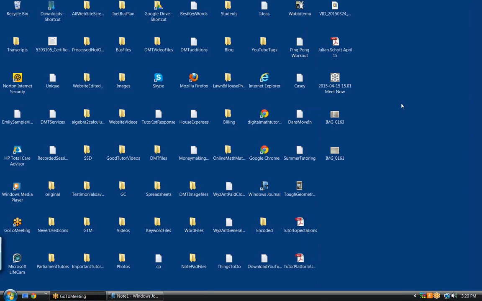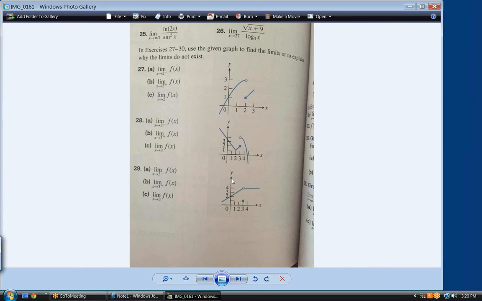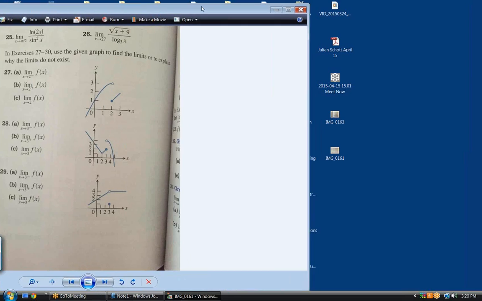Let's open up your other document here. So 27? Yeah. So as we approach 2 from the left, what is our limit? 3. Good. As we approach it from the right, what is our limit? 1. Okay.